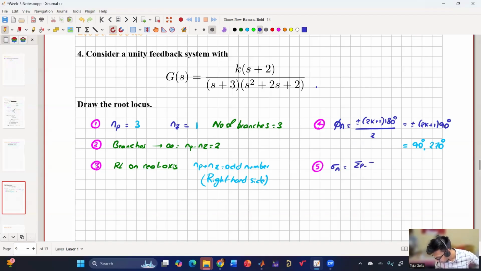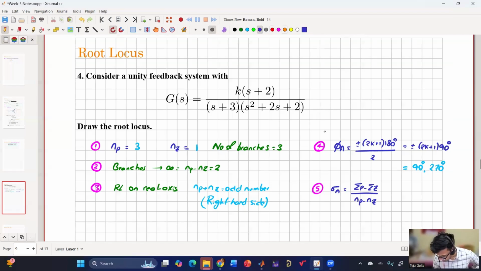Now we'll come to the fifth one, which is sigma A, nothing but the summation of poles minus the summation of zeros, by number of poles minus number of zeros. For this we'll have to calculate the poles and zeros, right? The summation of poles is 3, sir?